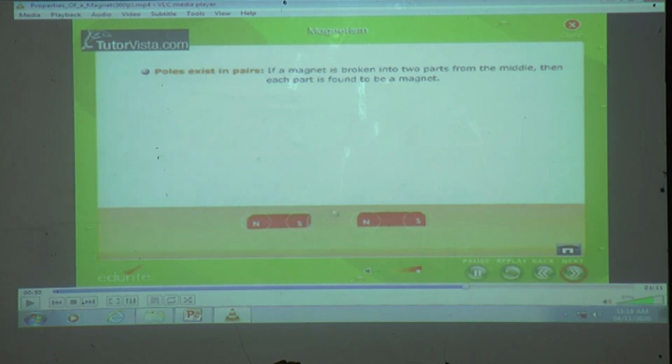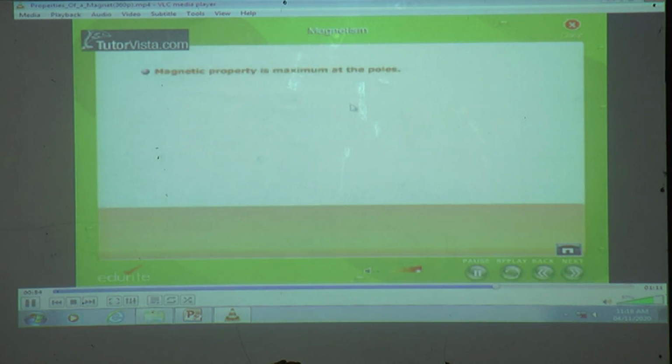So if we cut this magnet at the center, we will find that the two parts we got also again form two poles. The first part is again converted into a magnet, which has a north pole and south pole, and the other part is also converted into a magnet, and it will show both north and south pole. Okay, so this is one more property.